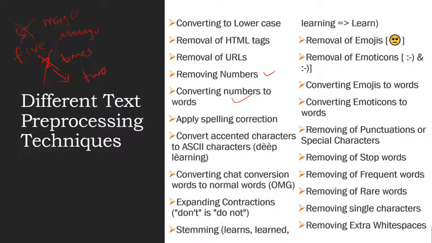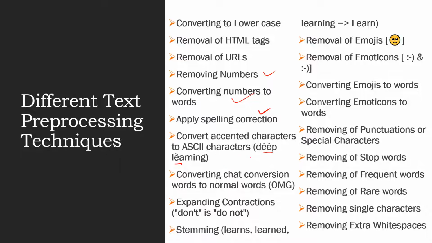Then you apply spell corrections. Sometimes your paragraph contains some spelling mistakes, so you need to correct all those mistakes. Sometimes your paragraph contains accented characters. Likewise, this E with accents is a special character, an accented character. So you need to remove it or convert it into ASCII characters.